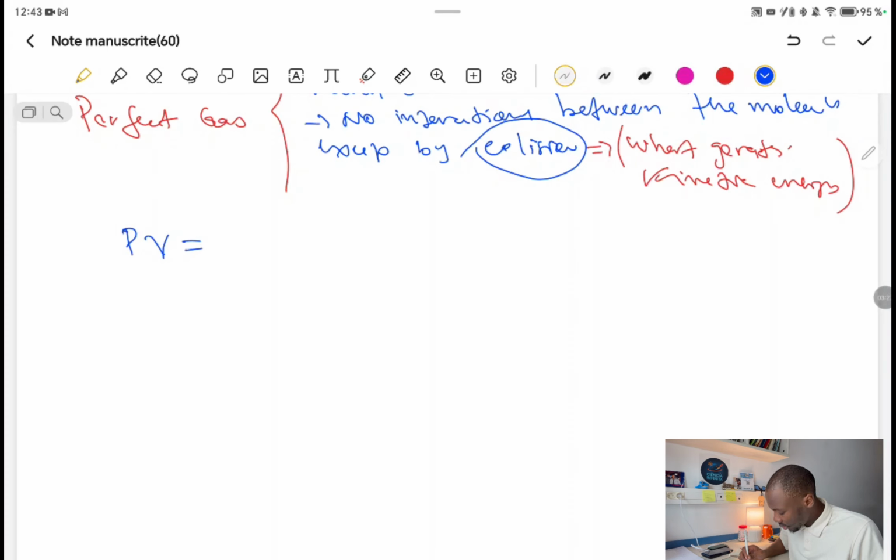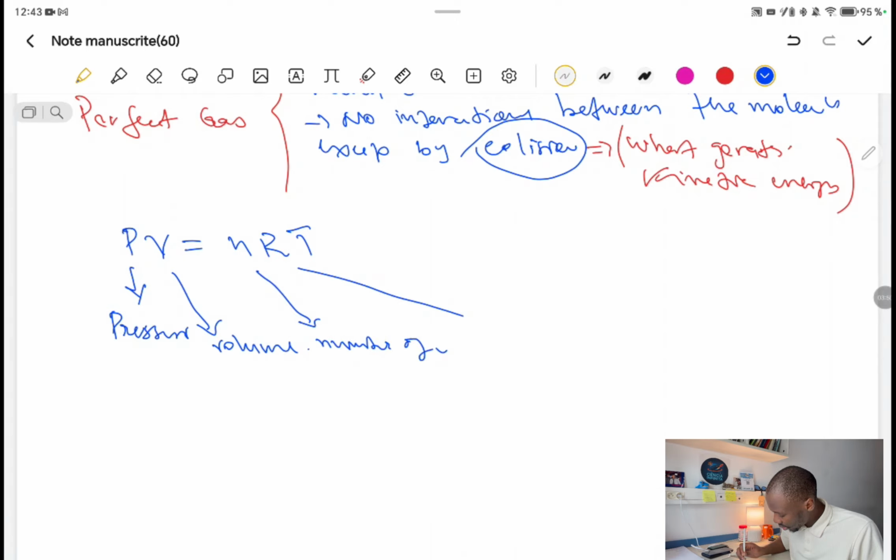Okay, so to do this, we have the equation for the perfect gas, which is PV equal to NRT. That's the pressure, that's the volume, that's the number of moles, that's in this case, we'll use kB, which is the Boltzmann constant, and that's the temperature.